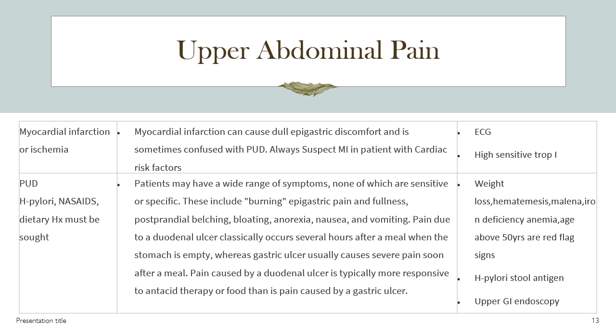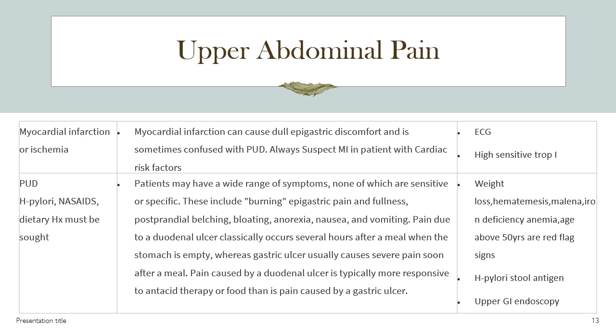One very specific thing that you will ask is whether the pain subsides or increases after taking a meal. If the pain subsides after a meal, the patient might have a duodenal ulcer, and if the pain worsens with a meal, the patient might have a gastric ulcer.